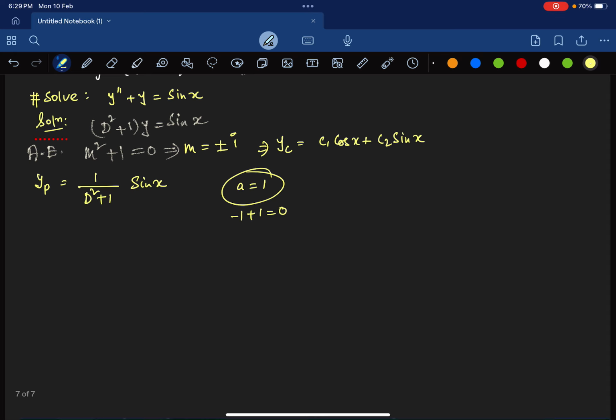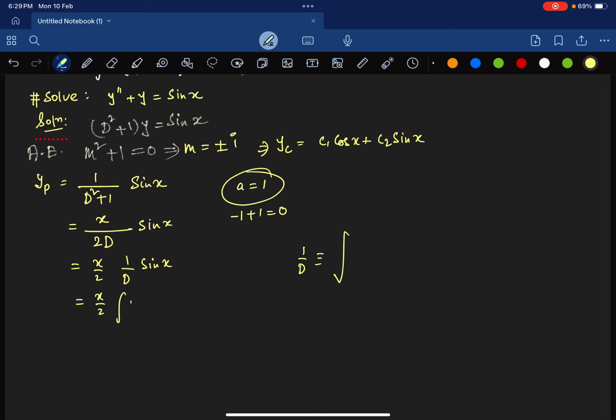So what you need to do? Again the same treatment. That means multiply here by x, and here what you have is 2D, sin x. So from here we have x by 2 times 1 by D of sin x. Now either you can convert this D in terms of D square, multiplying numerator and denominator by D. This is one way. Another way is, you know that 1 by D is nothing but integration with respect to x.